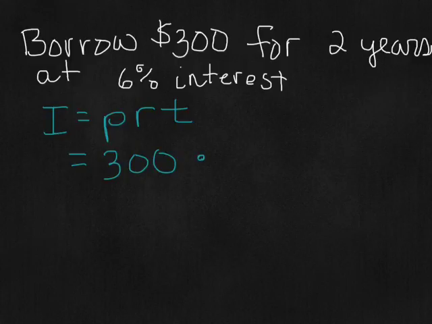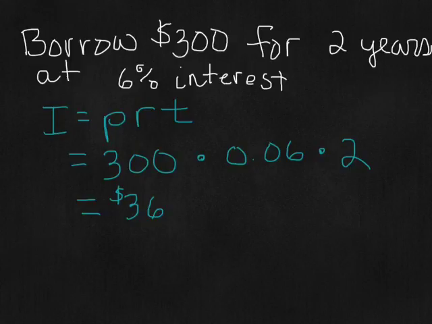So if I divide 6 by 100, I get 6/100ths, and my time is 2 years. And it's this easy. So to get my interest, I just simply multiply 300 times 6% as a decimal is 6/100ths times 2. And if I borrowed $300 for 2 years at 6%, I would be paying $36 in interest.